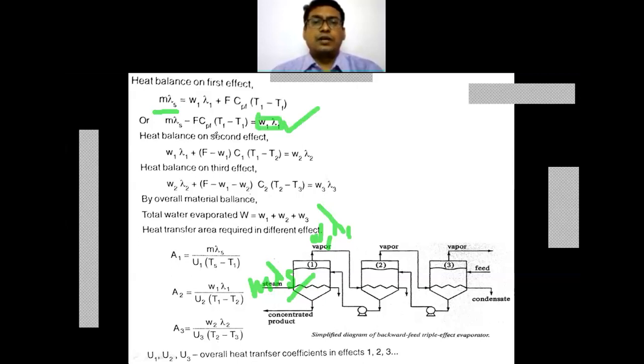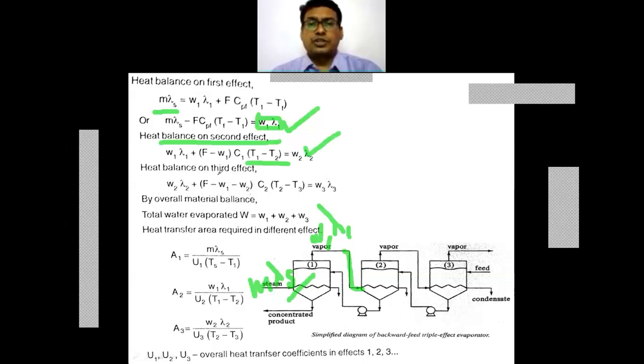Similarly, heat balance on the second effect: the input amount of heat is W1 into lambda 1, plus F minus W1 into C1 into T1 minus T2, which is nothing but W2 into lambda 2.